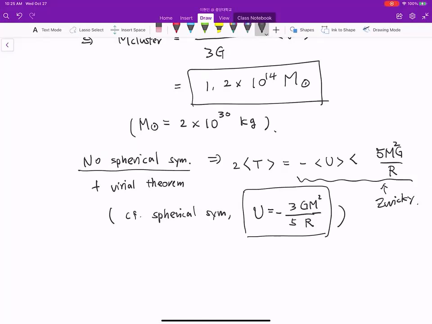According to this, we don't know the precise value of the gravitational potential. But just by using the virial theorem, we can infer the upper bound on the velocity dispersion.